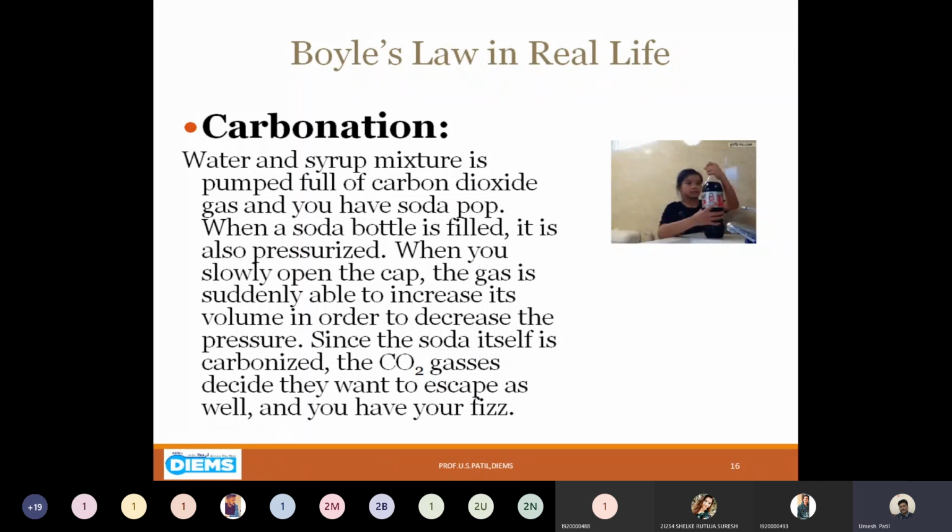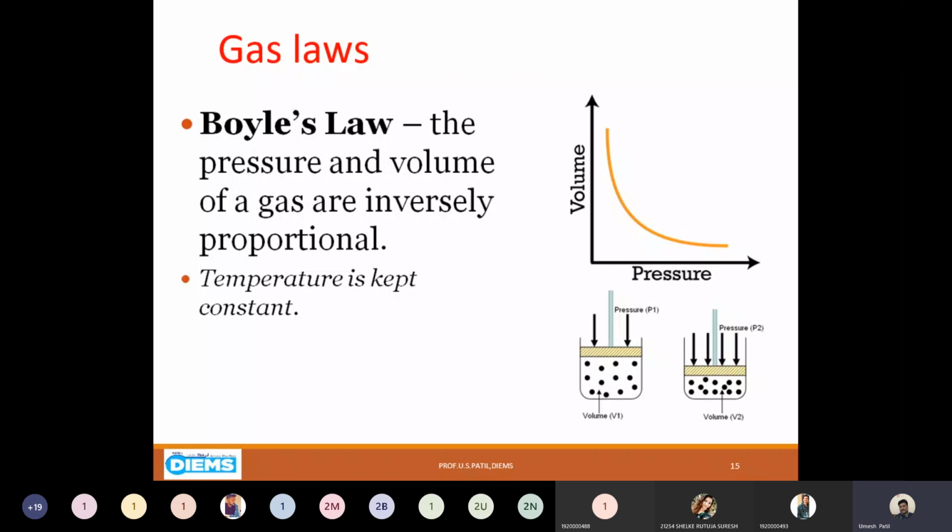Boyle's law speaks about the relation between pressure and volume. When temperature is kept constant, pressure varies inversely with the volume. It means if we increase the pressure, volume will decrease, and if we decrease the pressure, the volume will increase.